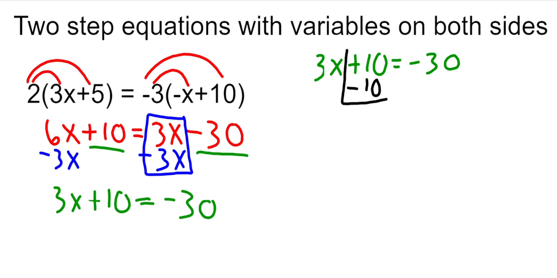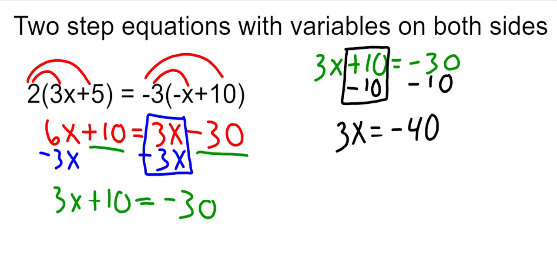Whenever we minus 10 here, we have to do it to both sides. Okay, so what is positive 10 and a negative 10 together? That's right, it adds up to 0. We're going to be left with 3x is equal to a negative 30 and a negative 10. That's going to make a negative 40.